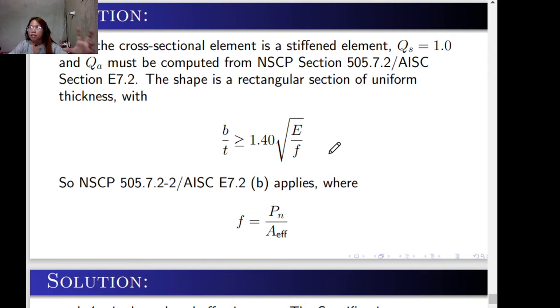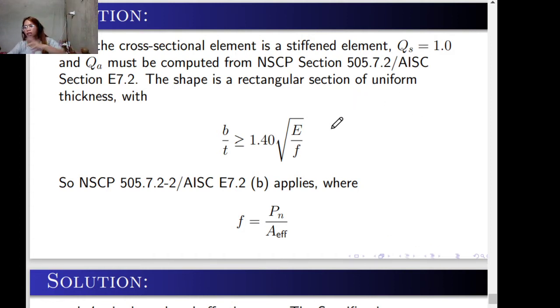And since it is beyond non-compact, you have to compute the reduction factor Q, which is equal to Q sub S times Q sub A. But if it is within compact and non-compact, Q sub S should be equal to 1 and Q sub A should be equal to 1, so that Q is just equal to 1.